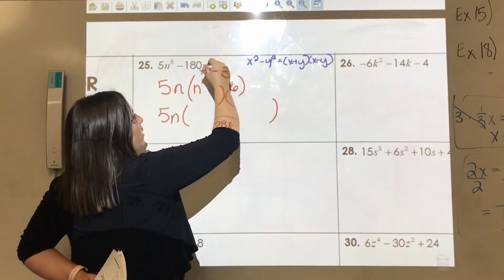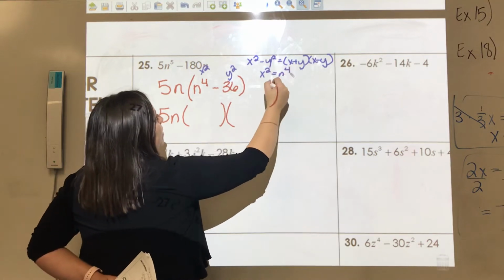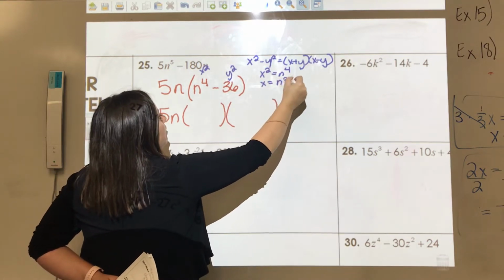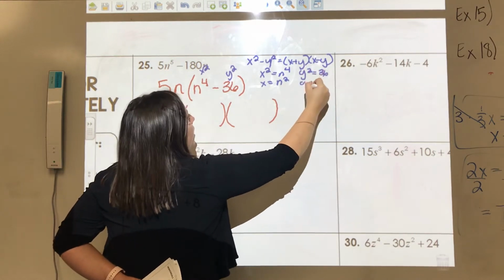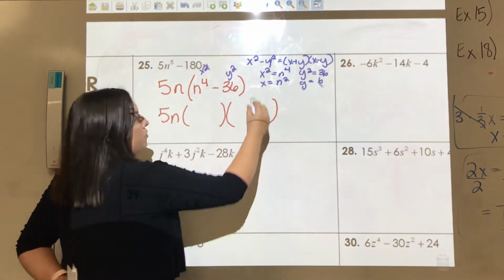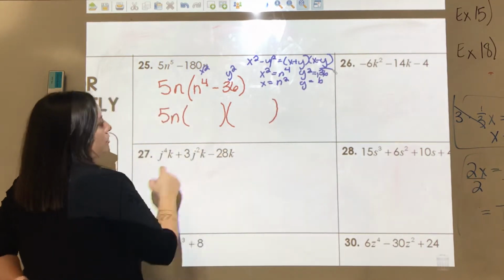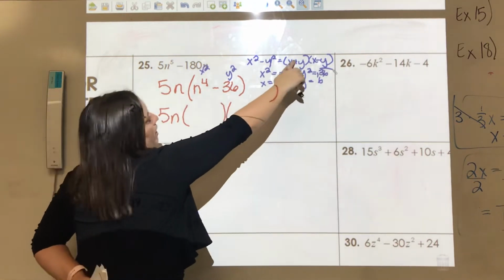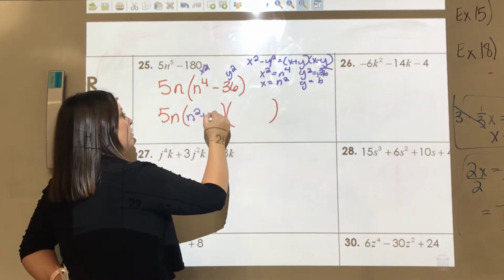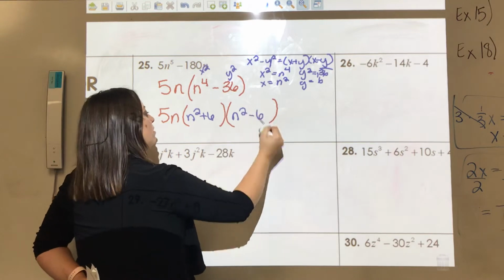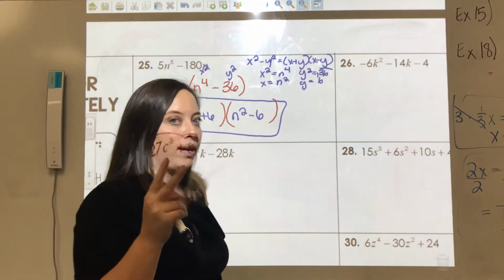This is your x squared, this is your y squared. So if x squared equals n to the 4th, that means x is equal n squared. If y squared is equal to 36, that means y is equal to 6. Remember, you just take the square root of both sides, skipping that step. So therefore, what goes here is x plus y, which is n squared plus 6, and then n squared minus 6. That is your answer now. So you really had to factor twice to be able to factor this completely.